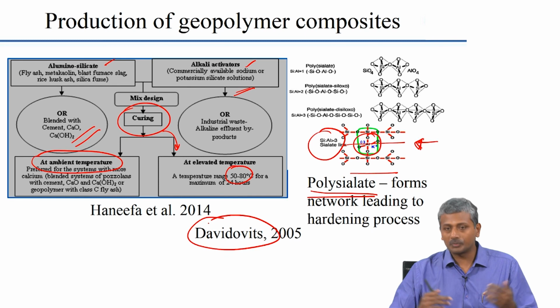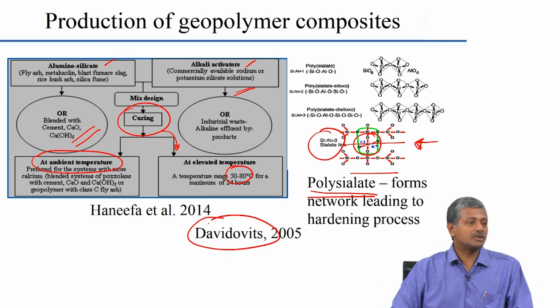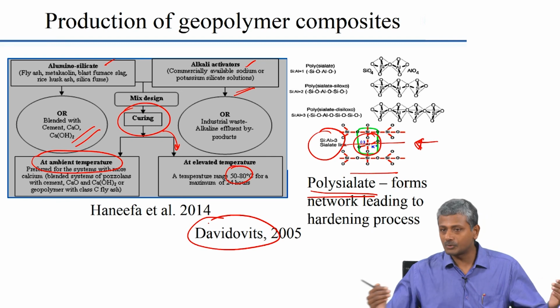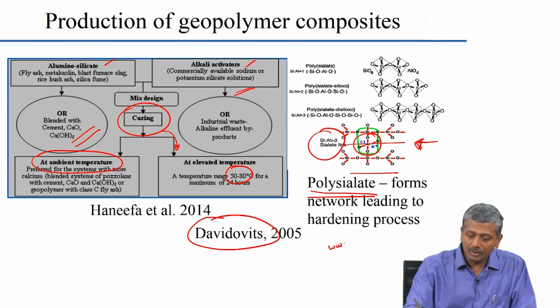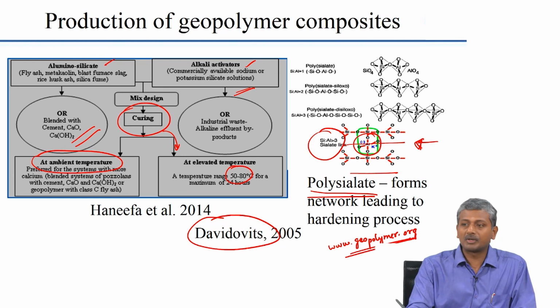So, they said that because of availability of the inorganic materials like clay, people started making geopolymer, and that is what led to the formation of those large blocks. But this theory is not really accepted quite extensively. There is a site called www.geopolymer.org, which may be interesting for you to go and look at. The story of the pyramids is also there.